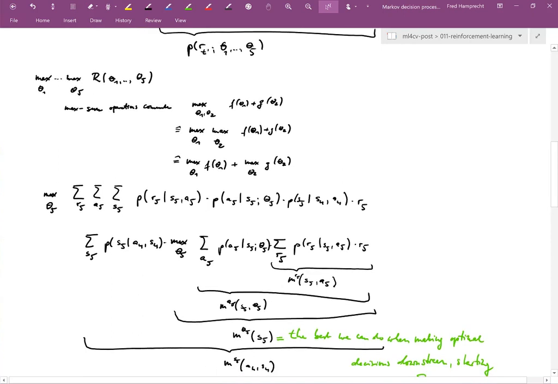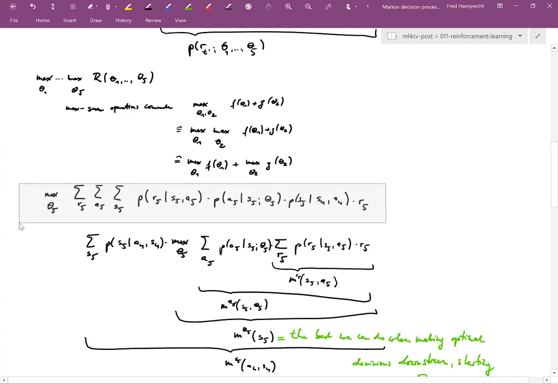So first, I have collected here all the terms that involve this fifth time step here. And now we push in this maximization and the summations as far as possible. So for example, the summation over reward 5 only affects this one term here, and this one here. So I write the terms depending on R5 to the very right, and then sum over these.